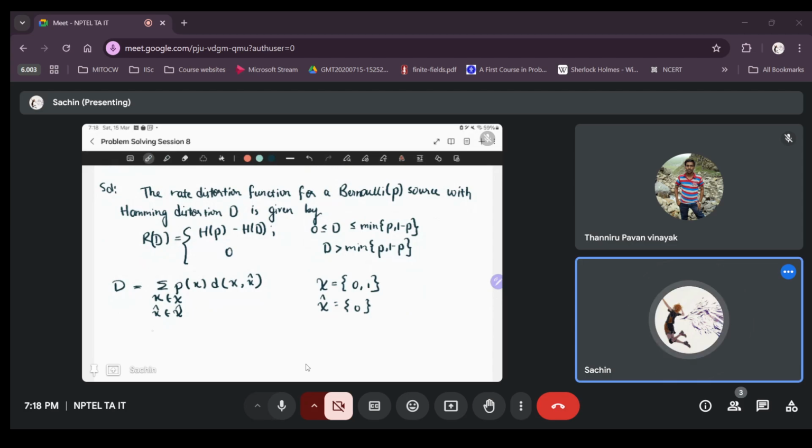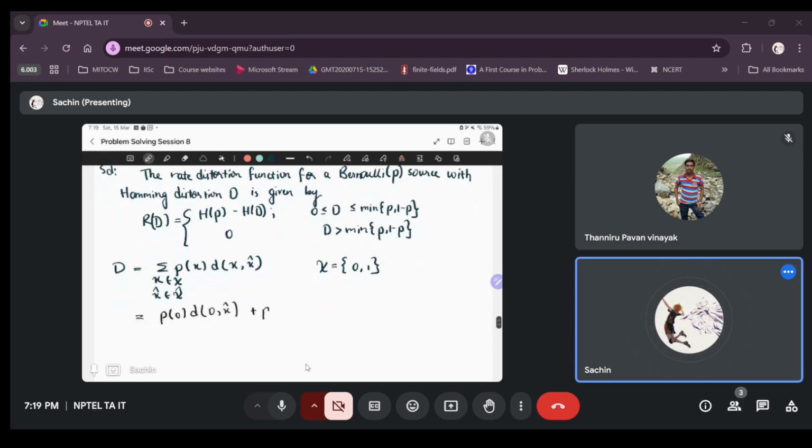Then this will be p of 0 d of 0 comma x hat plus p of 1 d of 1 comma x hat.